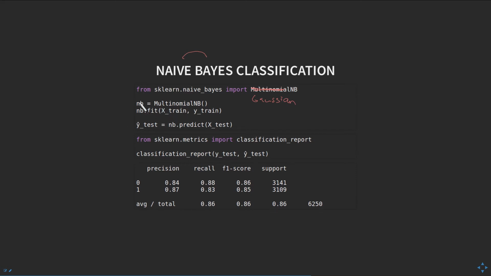So we have this naive Bayes classifier here, we fit our training data, and we do predictions on our test set. We just import this classification report function from sklearn that includes precision, recall, and F1 score, and also gives us the counts, so the supports, for the different classes. Now here 0 is negative and 1 is positive.